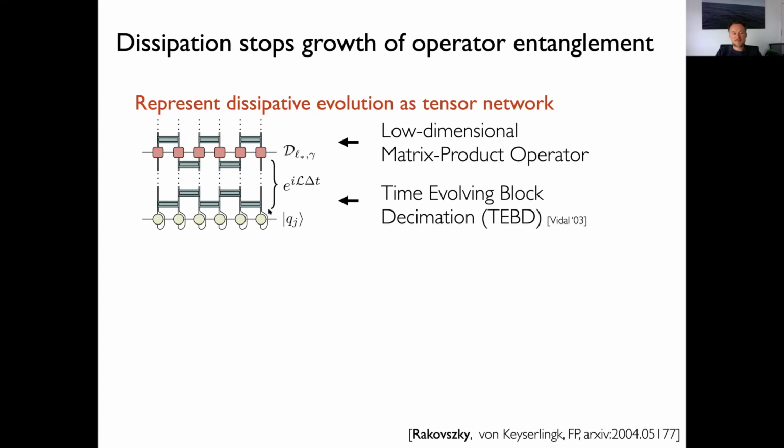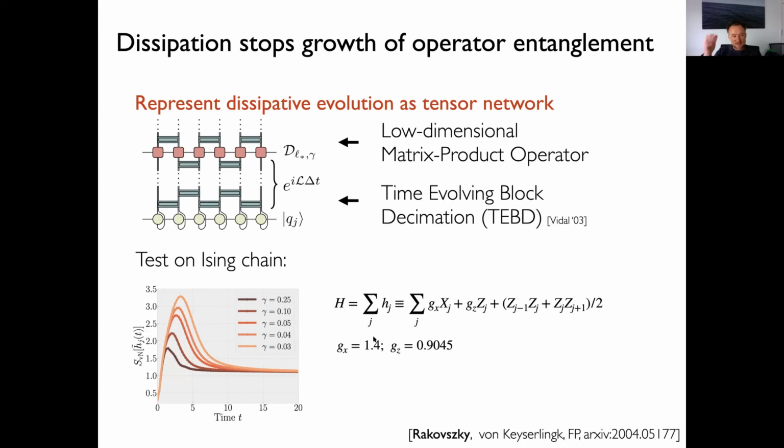And now we can use standard methods such as the time evolving block decimation method to perform the time evolution, and operator entanglement will build up. And then at a certain time, we apply the dissipator. And the dissipator can be represented as a very simple low-dimensional matrix product operator as well. And this is the change that we made to the standard evolution operator.